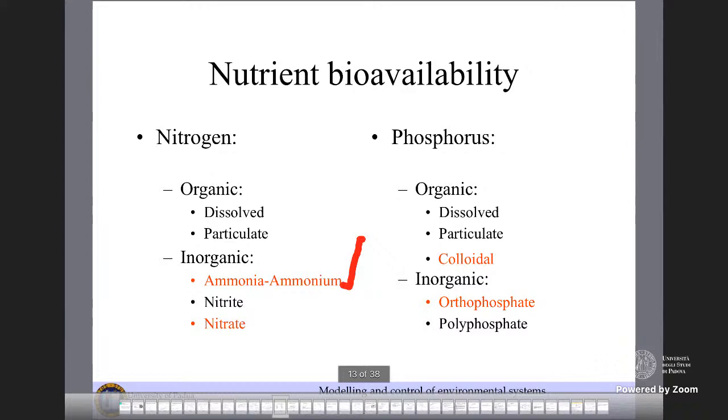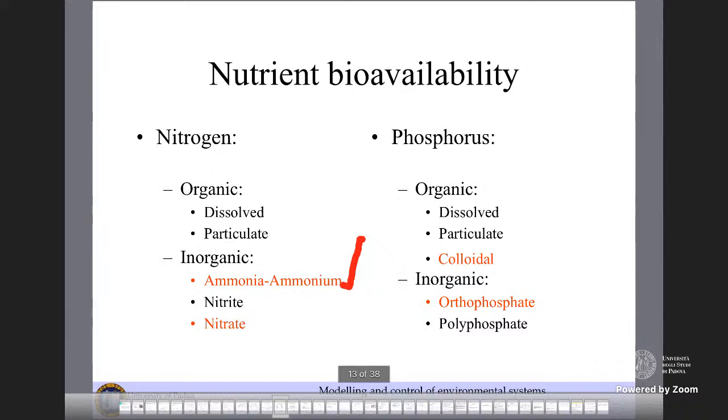This means that it is much easier for NH4 to cross the cellular membrane and to enter into the cell. So if you have ammonia and nitrate, you should expect that your ammonia pool should be exhausted first, and then when no more ammonia is available, the algae shall turn to consuming nitrate.